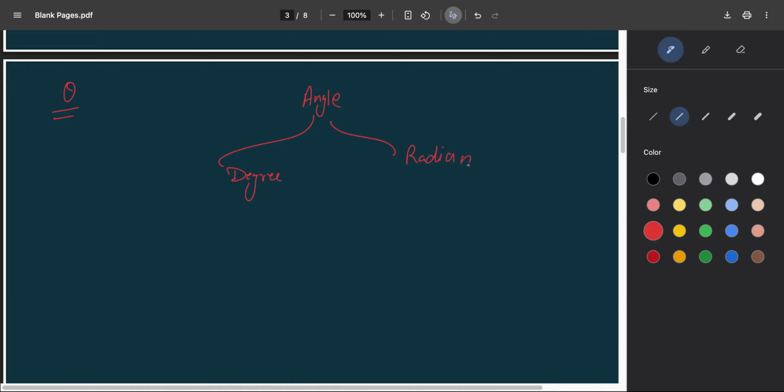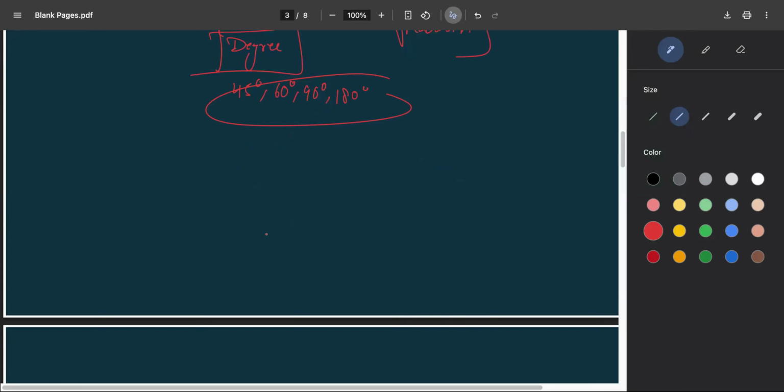Most of the time, till now, you must have seen angles in degrees, right? When I'm writing 45 degrees, maybe 60 degrees, 90 degrees, 180 degrees or something, okay? So before going to the next, I wanted to give you an introduction to radian as well. So what is radian?